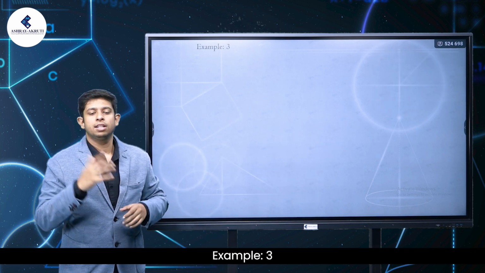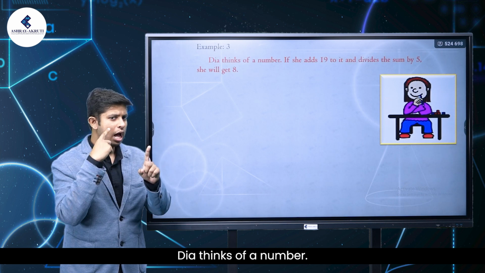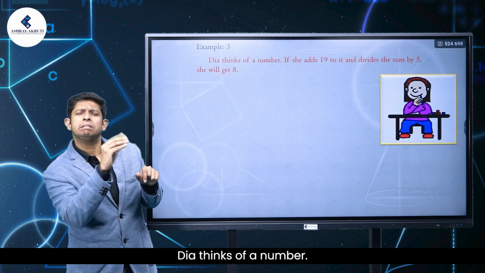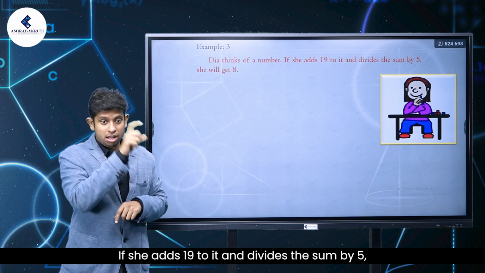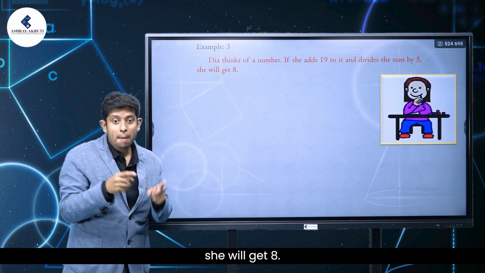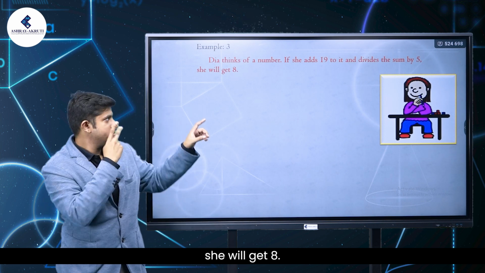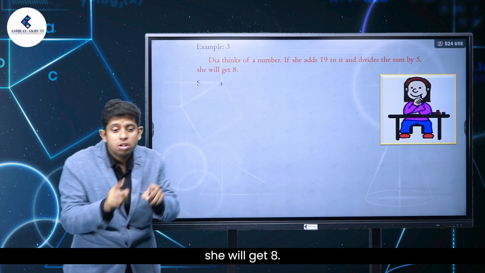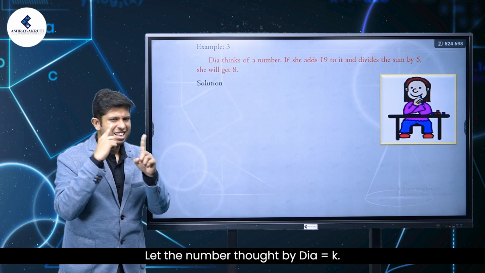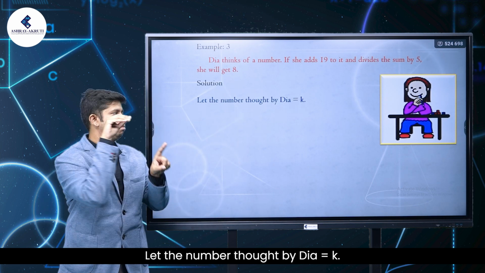Example 3. Dia thinks of a number. If she adds 19 to it and divides the sum by 5, she will get 8. Solution. Let the number thought by Dia be k.